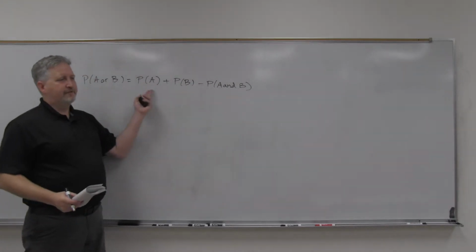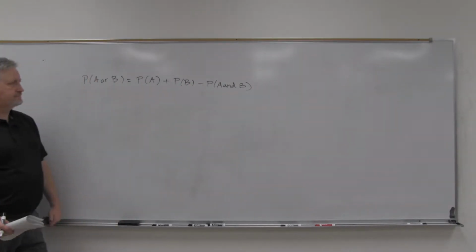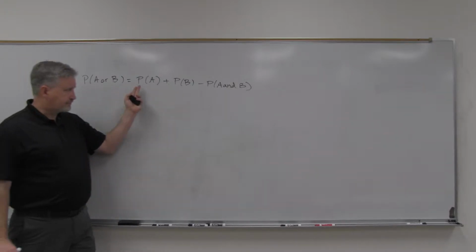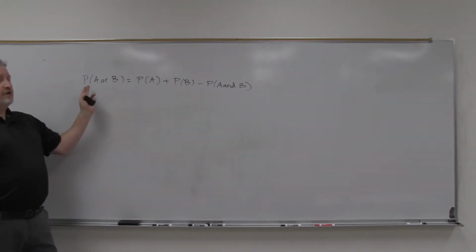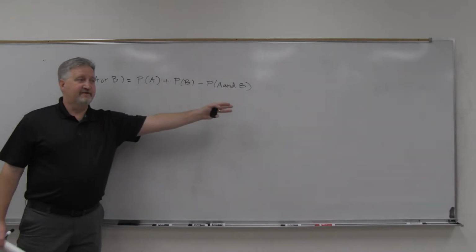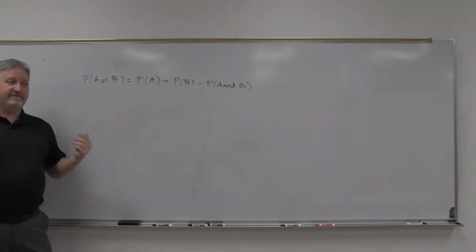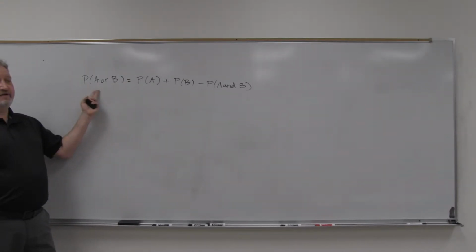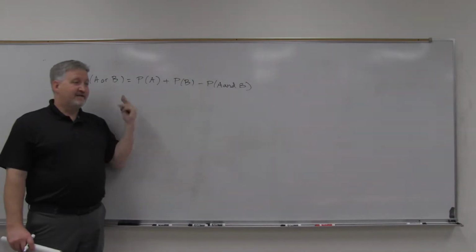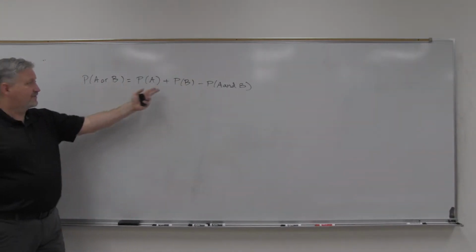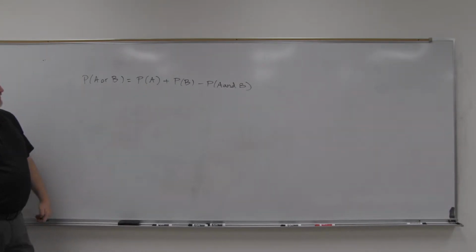However, there are four things here, and if we know three of those four, we can figure out the fourth one. It doesn't have to be that we are finding the probability of A or B. We can find any of those if we've got the other three.